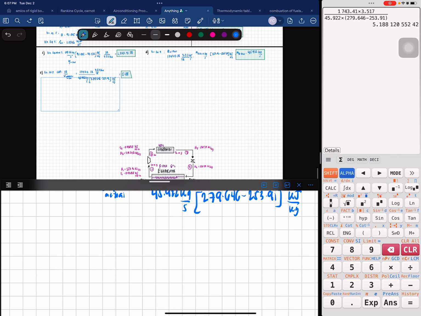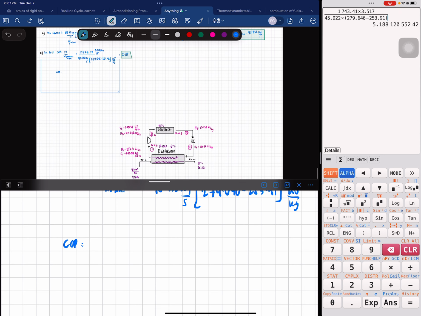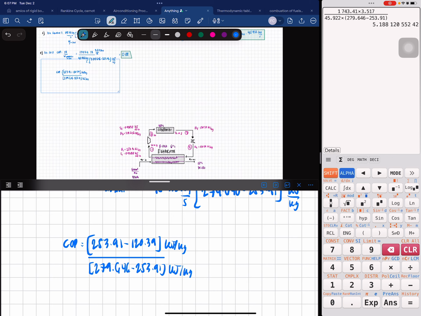Again, COP is 253.91 minus 120.39, still in kilojoules per kilogram, over 279.646 minus 253.91 kilojoules per kilogram.